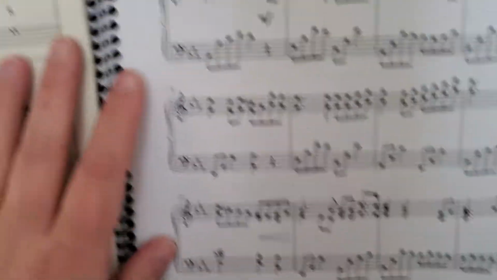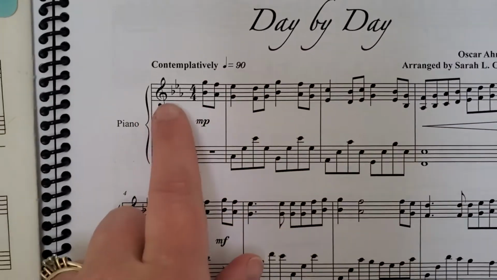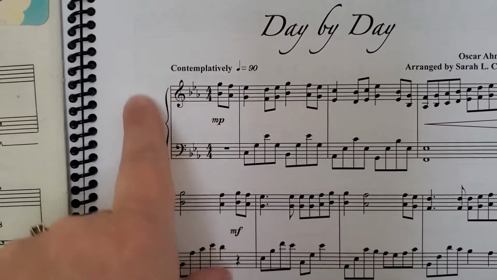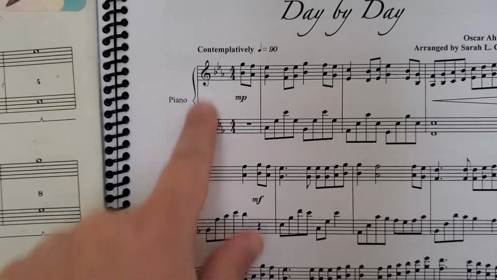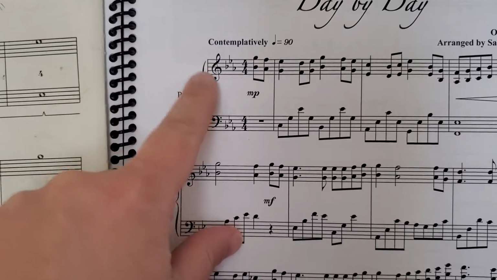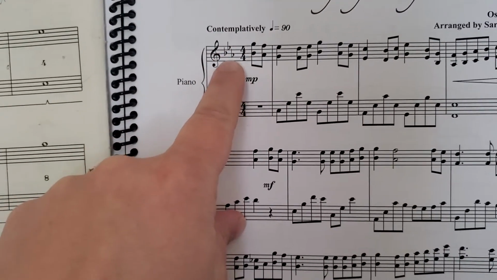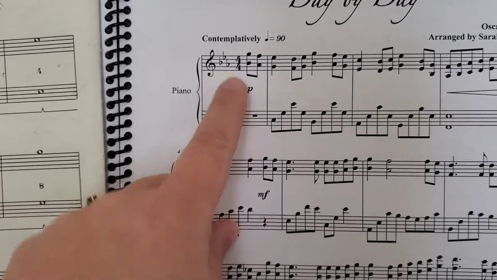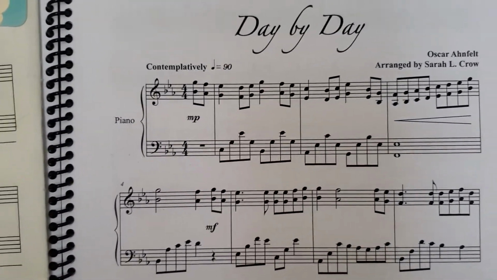Here's a bit of a piece of music. This right here, at the very beginning of the piece and on each line, is called the key signature. If we look at the staff, we have 1, 2, 3 flats. So this is the key signature of E flat.